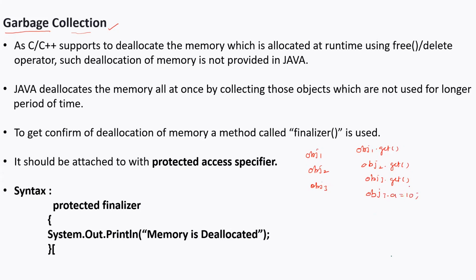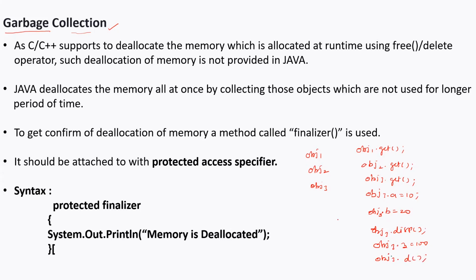Then obj3.b equals 20. Now obj3.display, I'm calling a method. Again obj3.z equals 100. Next I'm calling obj3's function d.